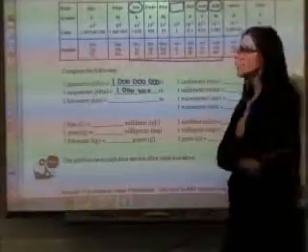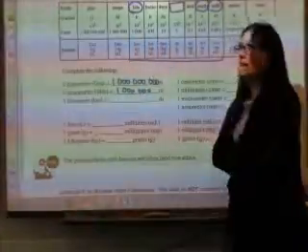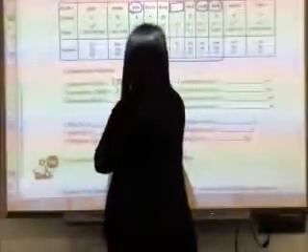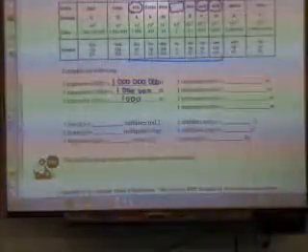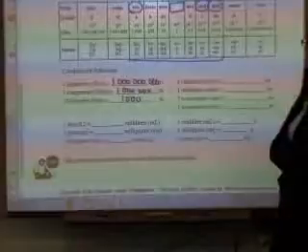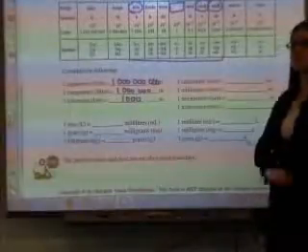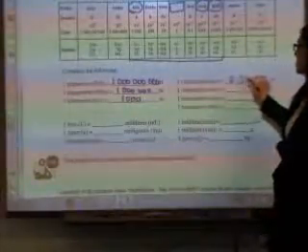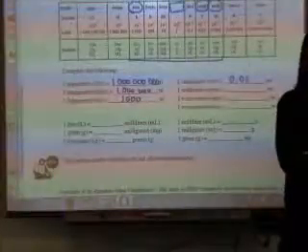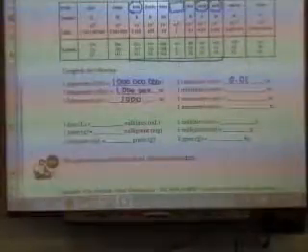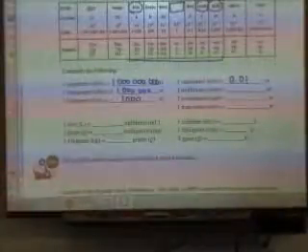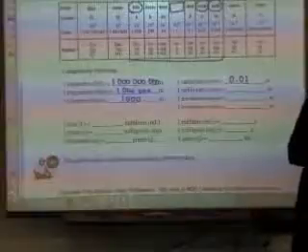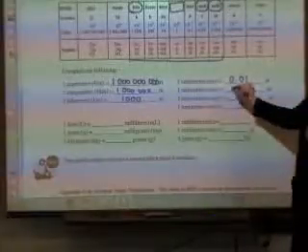A kilometer, if I go from a kilometer to meters, how many meters in a kilometer? 1,000. Thank you, Colin. How many centimeters in a meter? 0.01. 1/100th of a meter. A millimeter is what portion of a meter? 1/1,000.